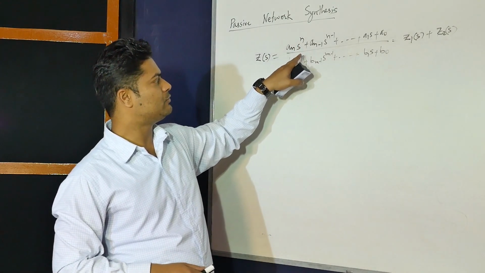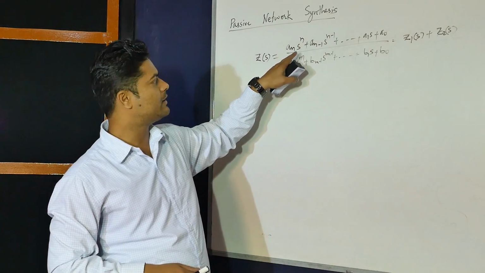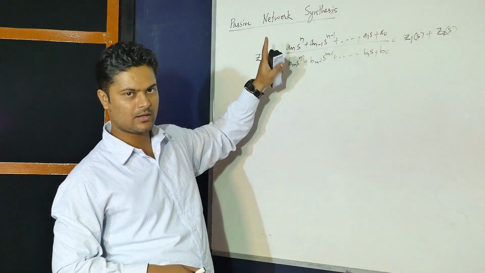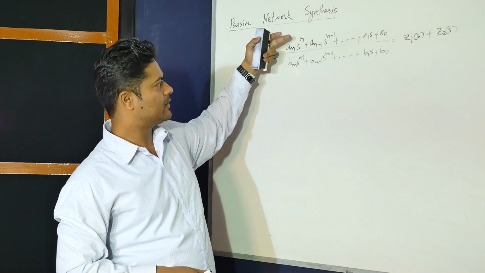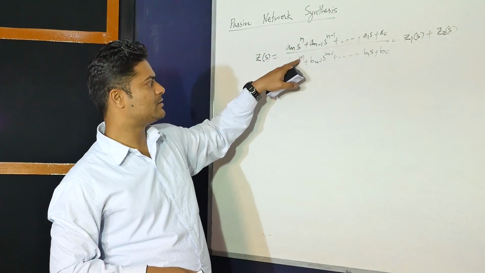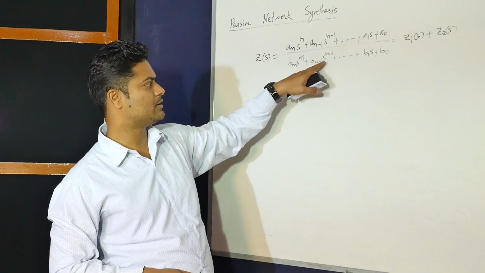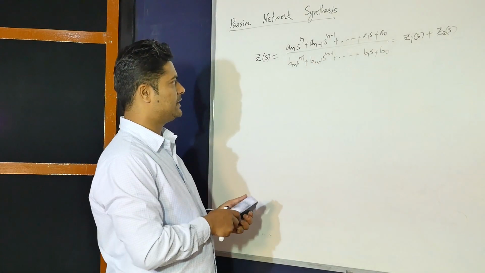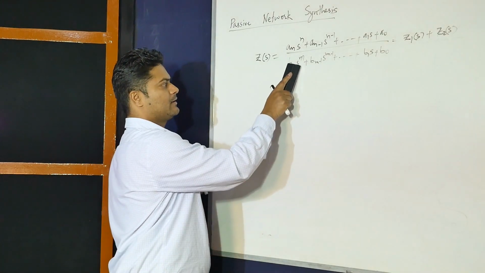If I take the difference between the numerator and denominator polynomial as 1 order, then the bottom we will have s to the power n minus 1, bn minus 1 s to the power n minus 1, that way. So let me take that only.